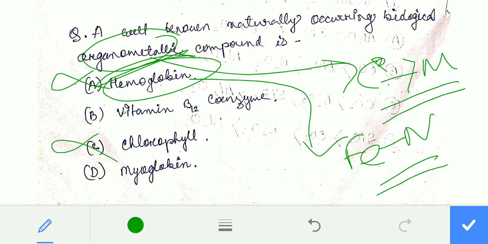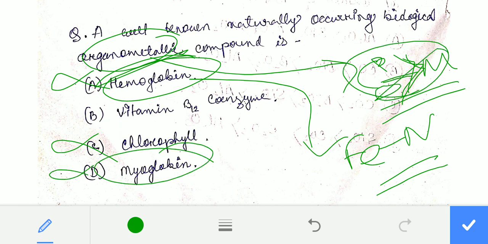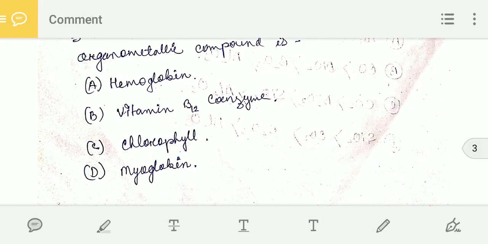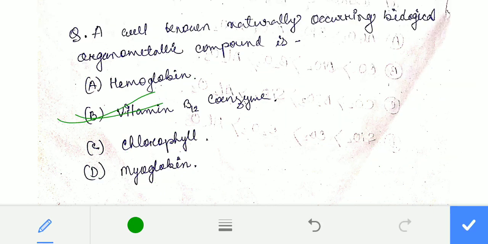Also in chlorophyll, there is no C-M bond present, and the same in myoglobin. So the right option is vitamin B12 coenzymes; vitamin B12 is an organometallic compound. For this question, option B is the right option. Moving to next question.